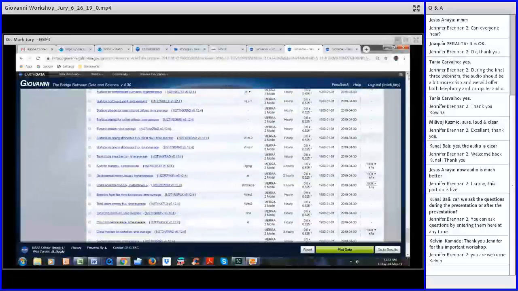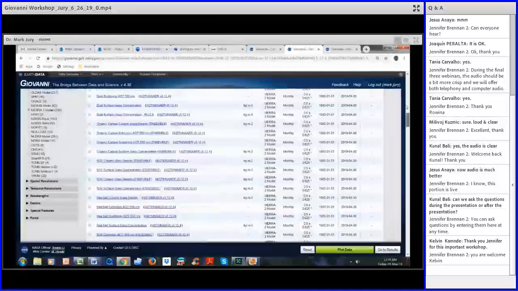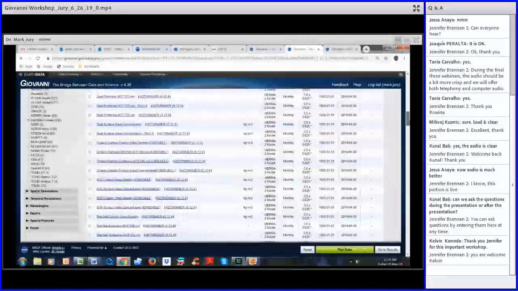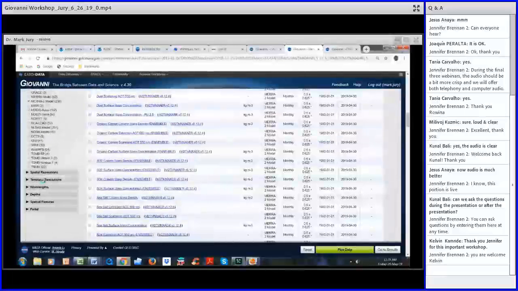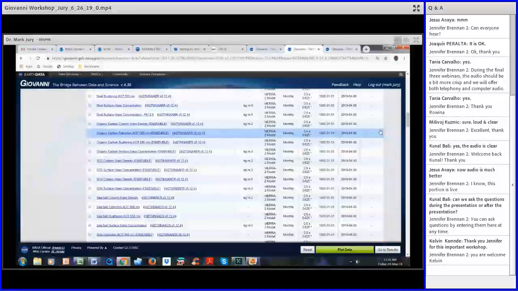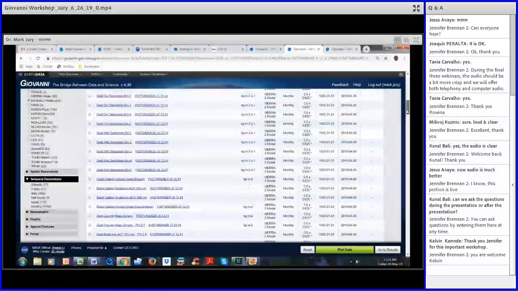So the next thing would be to say, well, let's just restrict our analysis to the temporal resolution that will be monthly. And here now the menu shortens, and we say monthly.